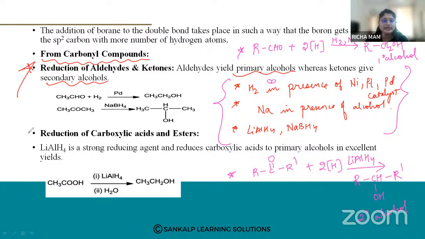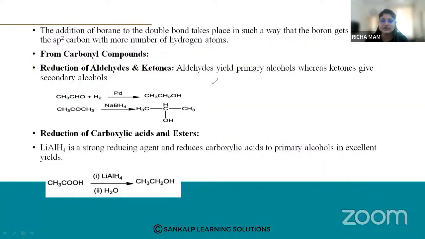Okay, so let us take an example on this. Let me take acetaldehyde. I'm going to do reduction in the presence of H2 in the presence of platinum. Tell me the product, and one more I'll take. Can you tell me the product obtained here?